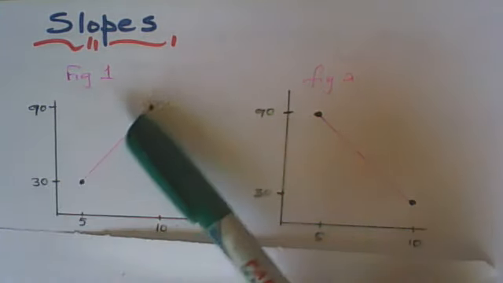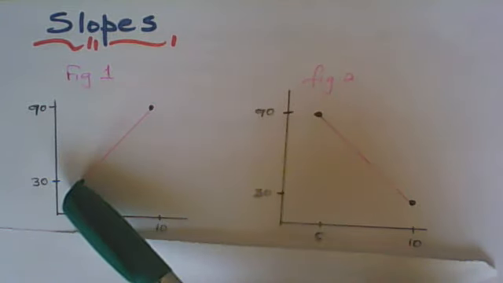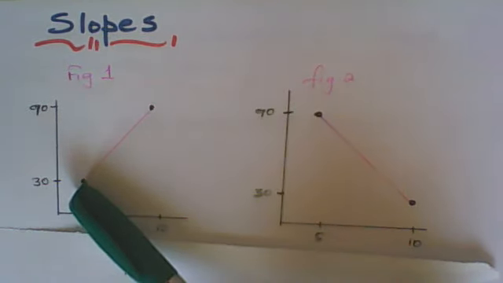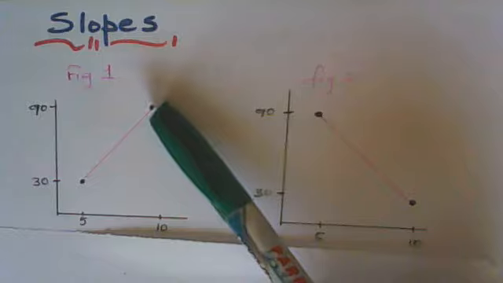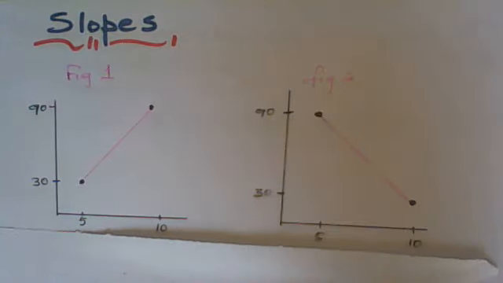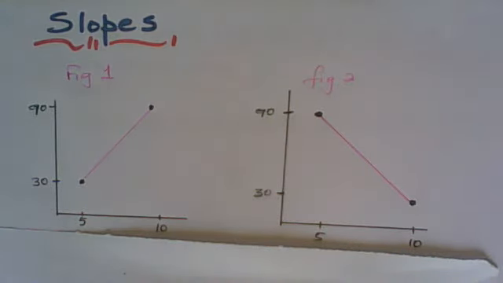Now, if we look at the trend, the slope is the trend. The trend is from the lowest position to the highest position. When a trend is like that, we say it is an increasing trend. That means you move from a lower position to a higher position.